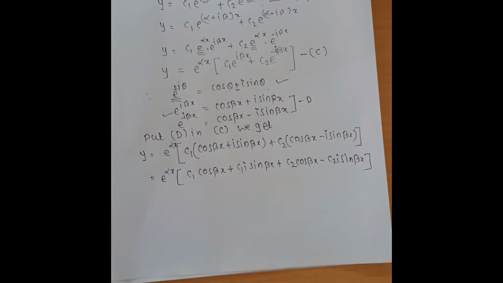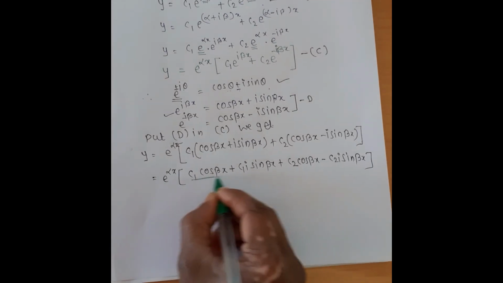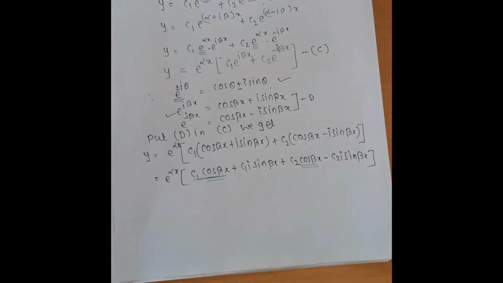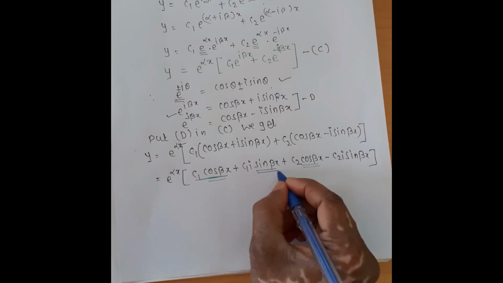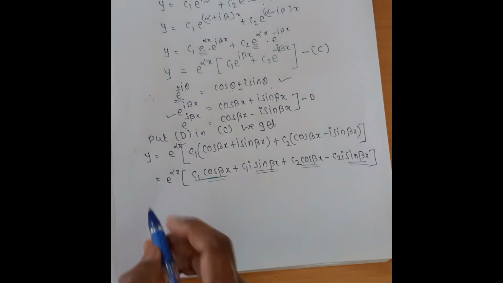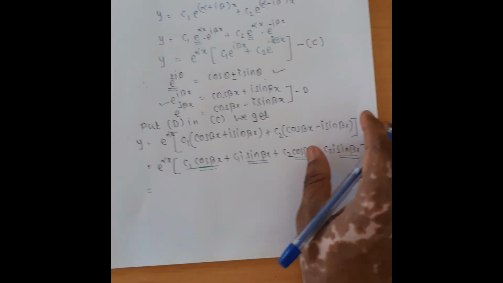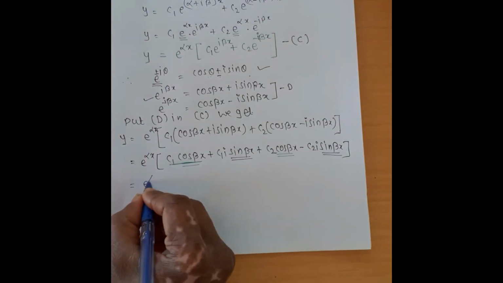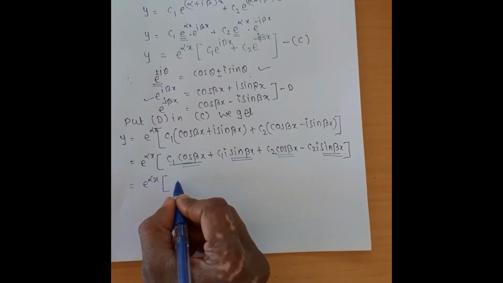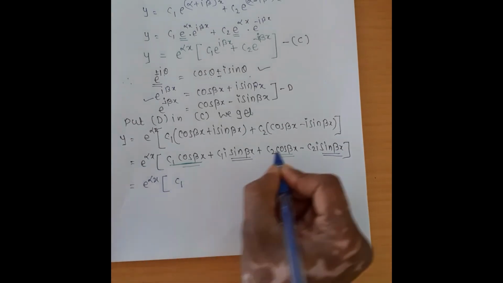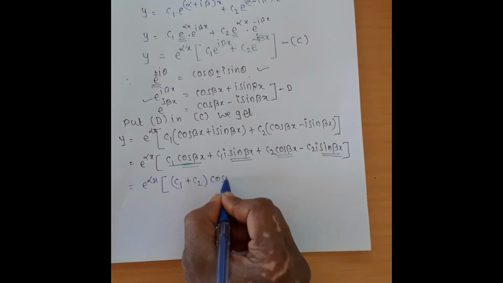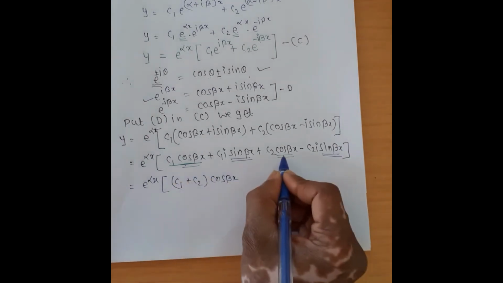Okay, so now here c1 cos beta x is common, here is also cos beta x common, and here sin beta x is common, and here sin beta x is common. So then what happens? We write this equation again, that will be e raised to alpha x equals c1 plus c2 into cos beta x, because here is cos beta x, here is cos beta x.